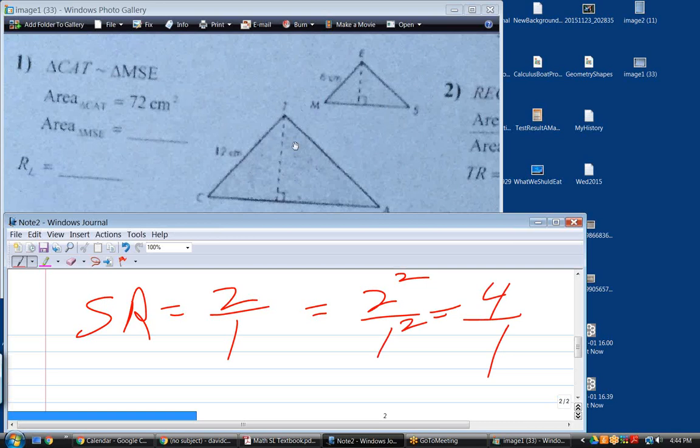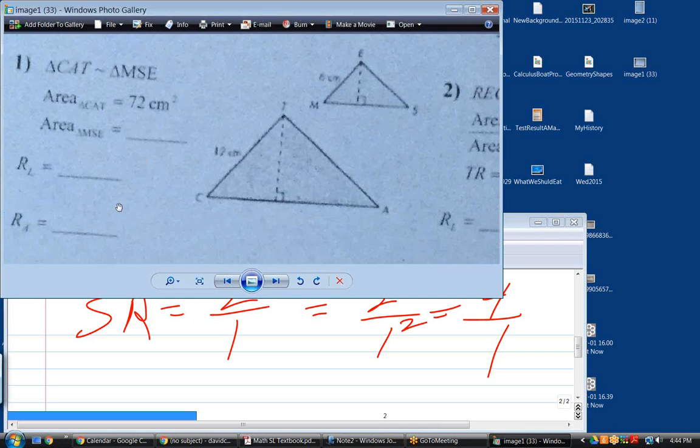So the area of this bigger triangle is 4 times the area of that triangle. So what must the area of this triangle be? Whatever 72 is divided by 4. 18.